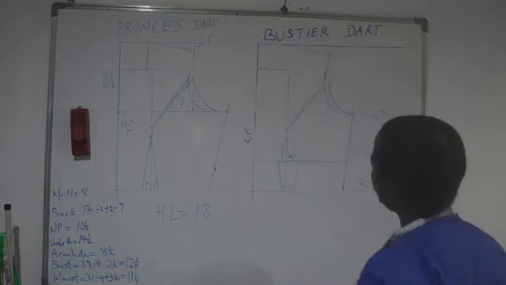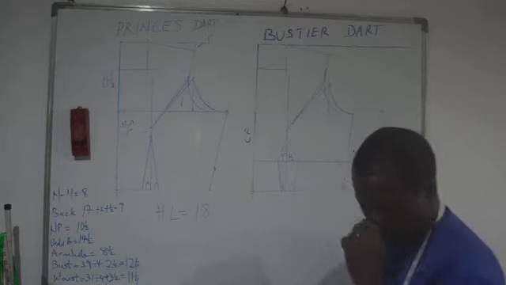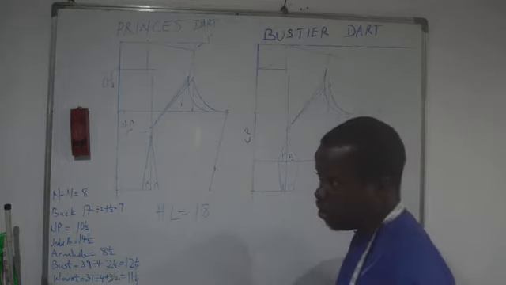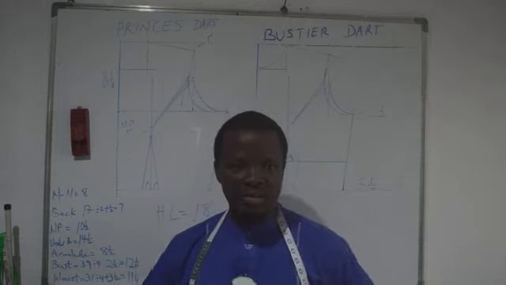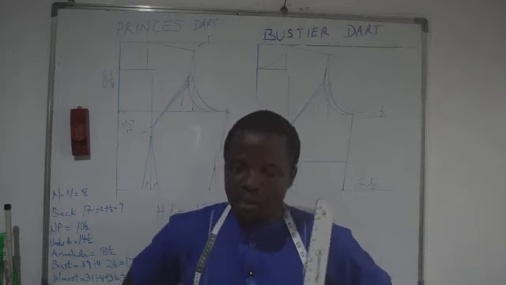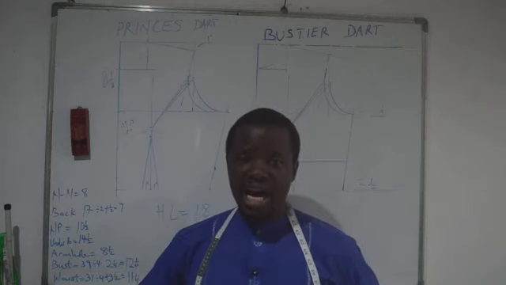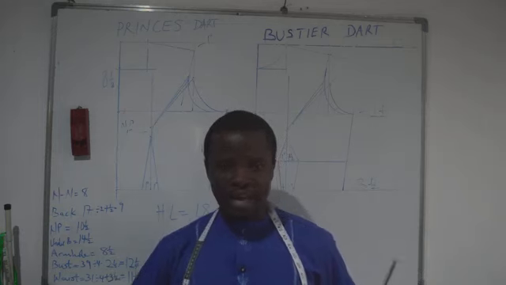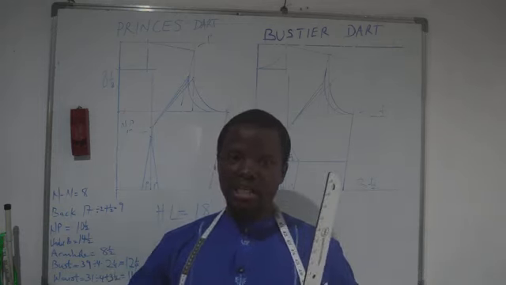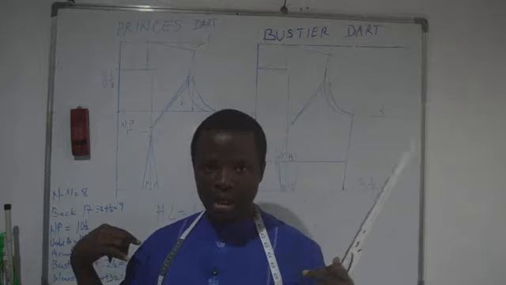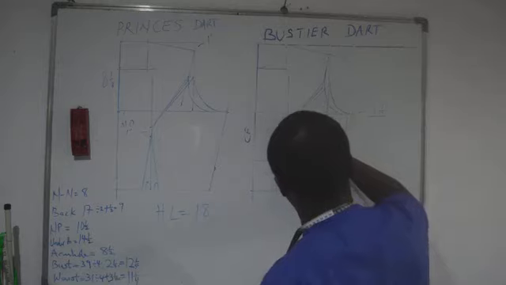I also need to let you know that this dart that we have constructed performs 2 functions. The first function is that it gives the garment a very nice fit at the bust area. And the second function is aesthetic because it adds to the beauty of the garment. The line from the waist runs smoothly, then from here into the armhole, and that is why we need to pull this curve from this point to this point.